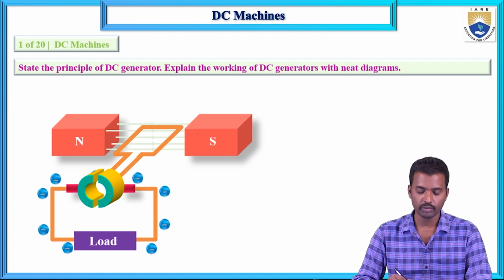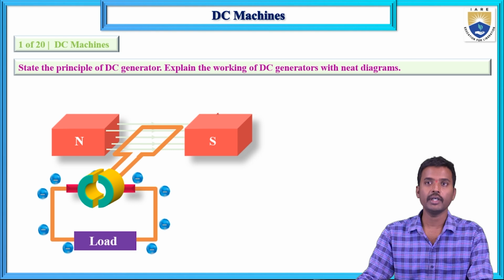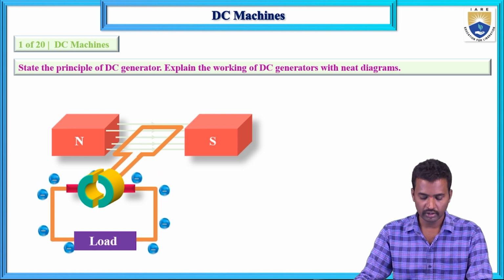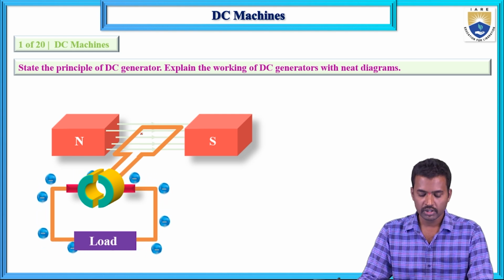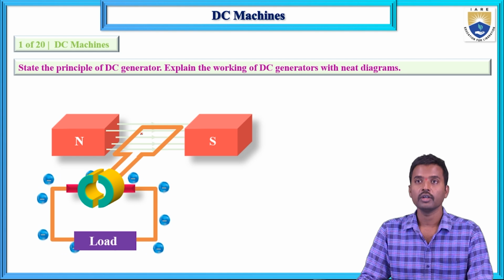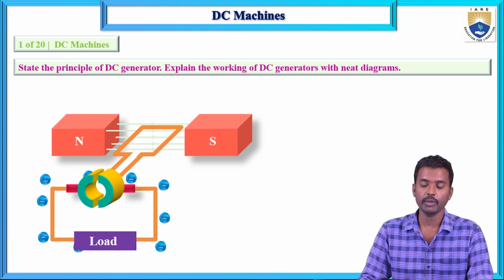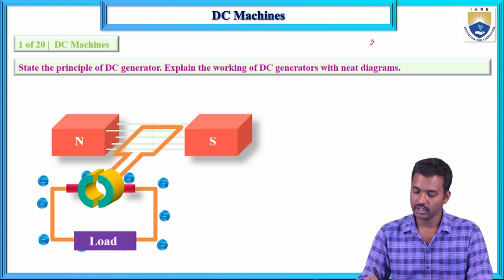So this is the diagram, a simple elementary model of a DC generator. Between two opposite poles, a single-turn conductor is placed. What is the principle here? Faraday's law of electromagnetic induction, according to dynamically induced EMF: E is directly proportional to d phi by dt.